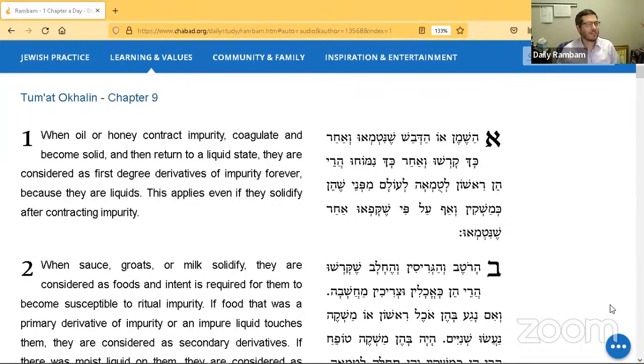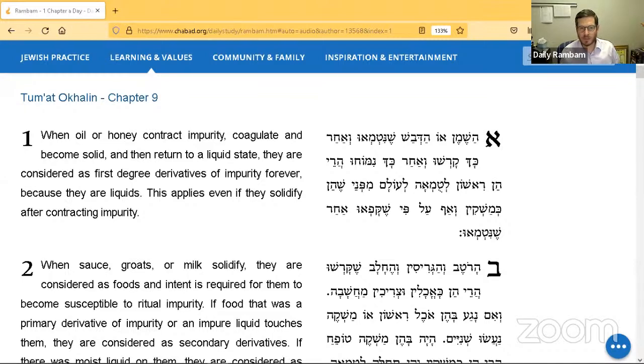Let's get started. So we're in chapter 9. We're continuing to deal with the laws of the transfer of tumah, the susceptibility of tumah relating to food and liquids. One point we're going to look at is what happens to a liquid that solidifies and then perhaps turns back to a liquid. How do we deal with that?